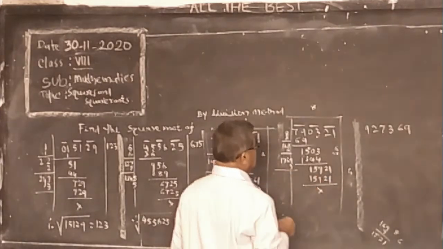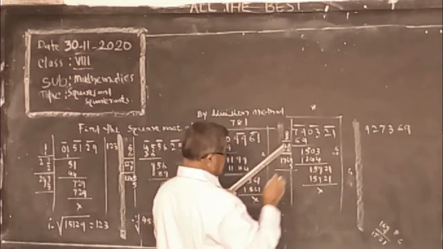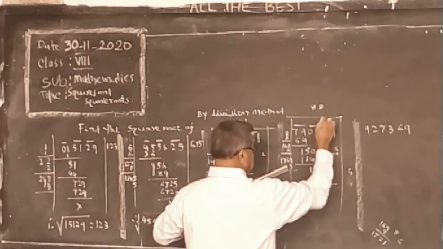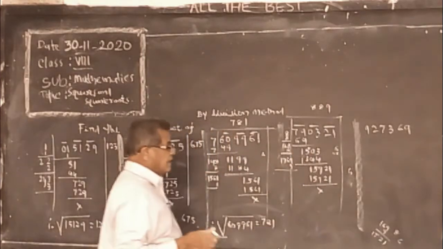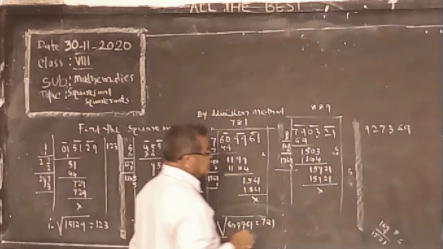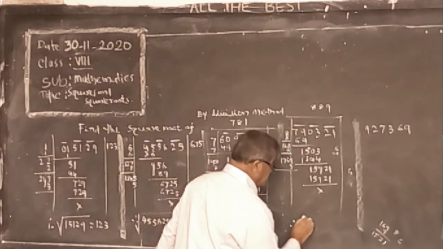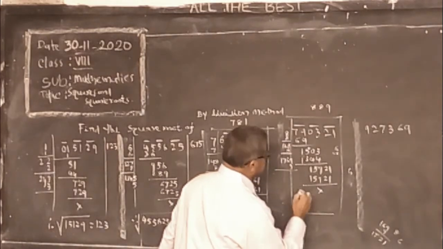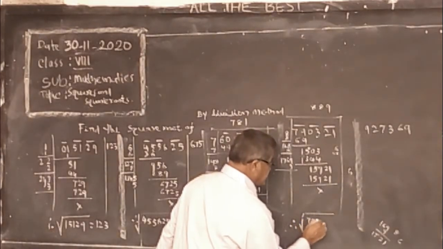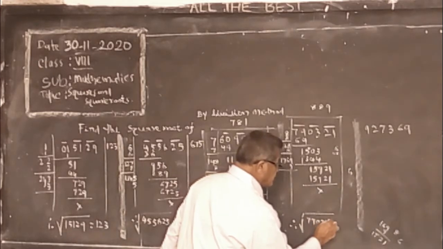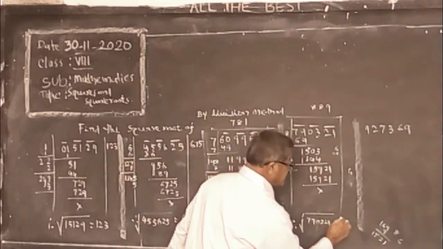Exactly divisible. For the first pair 8, second pair also 8, third pair square root is 9. Therefore, square root of the 6-digit number 790321 is equal to 889.